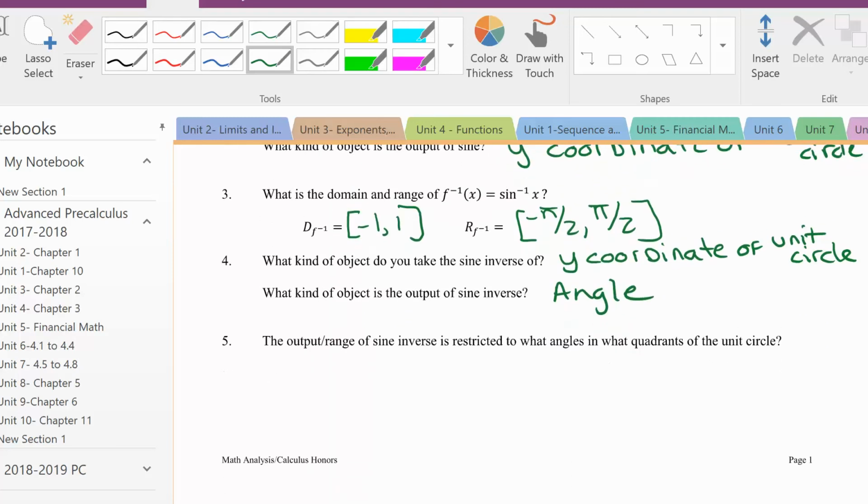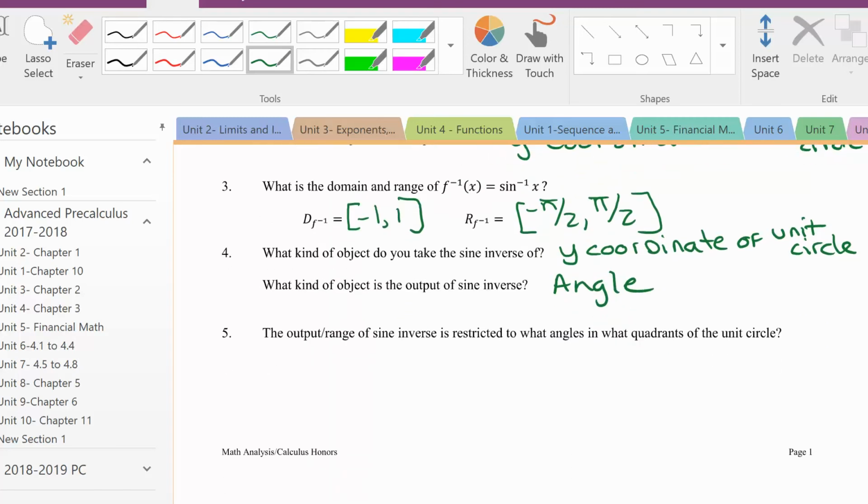So, the output range of the sine inverse is restricted to what angles in what quadrants? Well, if you have a positive angle, then that's in quadrant 1, and it would be from 0 to pi over 2.